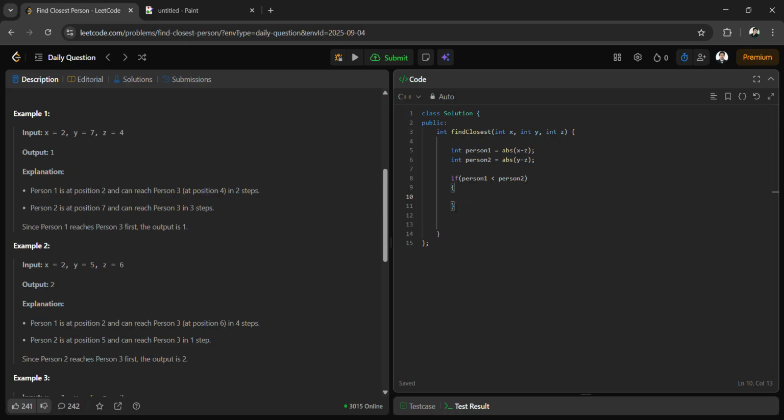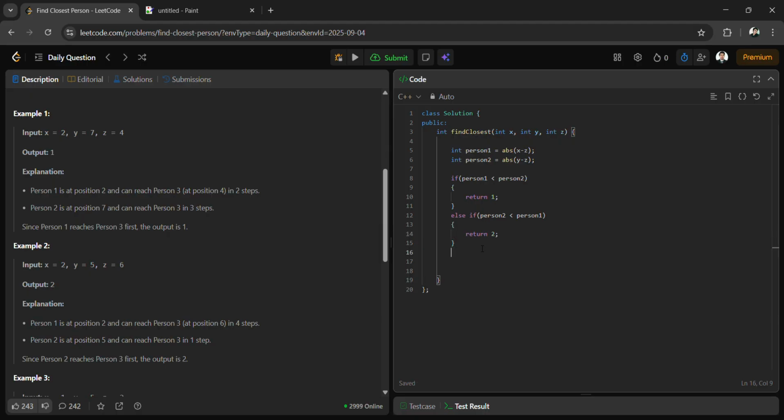Else if person 2 is less than person 1, then we return 2, that means person 2 reaches person 3 first.